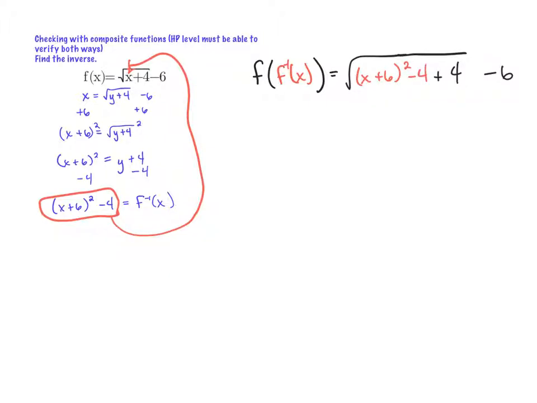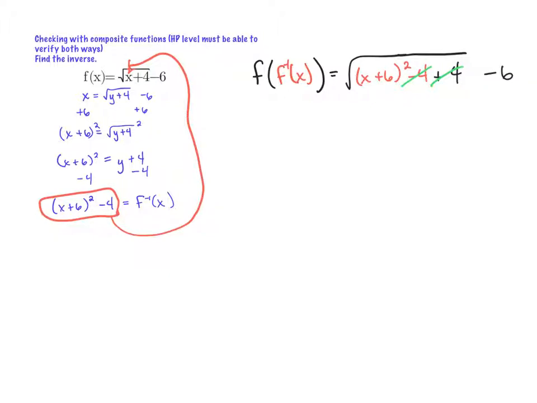Now, here's what you need to understand. When you use this method, you have to show me every single step, because everything will cancel out here. It's very satisfying. If you look at this first, negative 4 and positive 4, that's going to be the first thing to go.